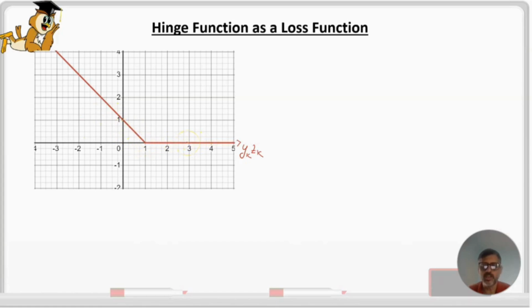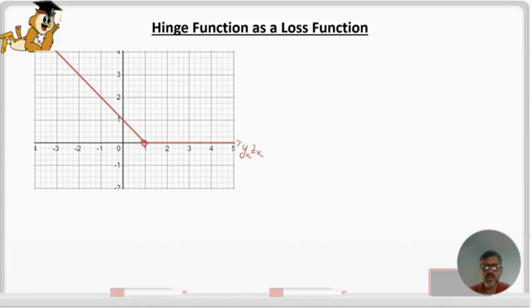That's why it's called the hinge function. What the hinge function says is that if yk zk is greater than 1, the loss or the error is treated as 0, whereas if the margin becomes lesser and lesser, your loss is going to increase. And the hinge isn't around the point 0, it's around the point 1.